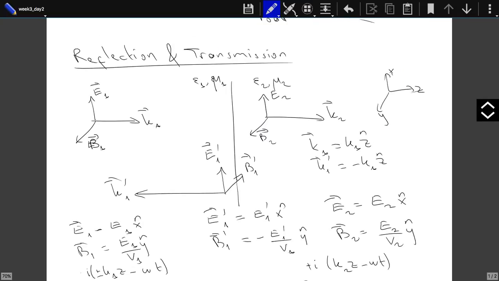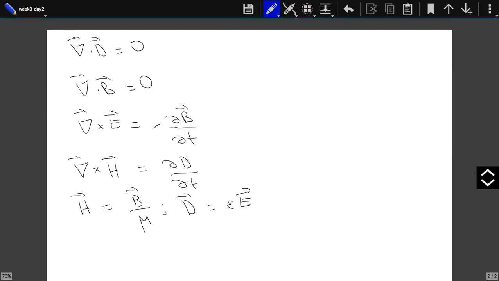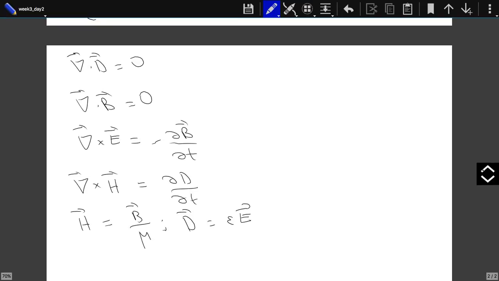I have a surface and the electric field. I need to relate the electric field on the left of this surface to the electric field on the right of this surface. Now this first equation basically tells me that the perpendicular component of the displacement field, perpendicular to the surface, its change as you go from one side of the surface to the other side of the surface is 0.